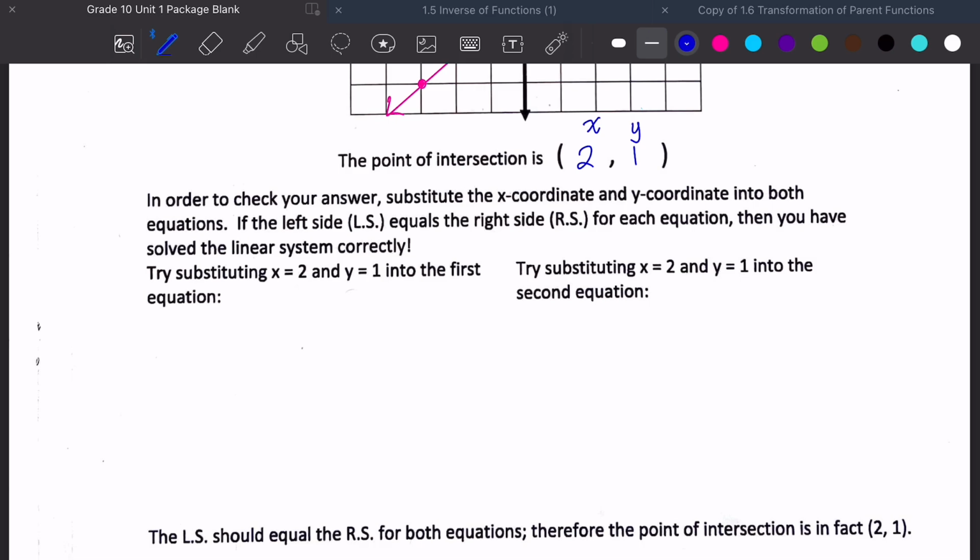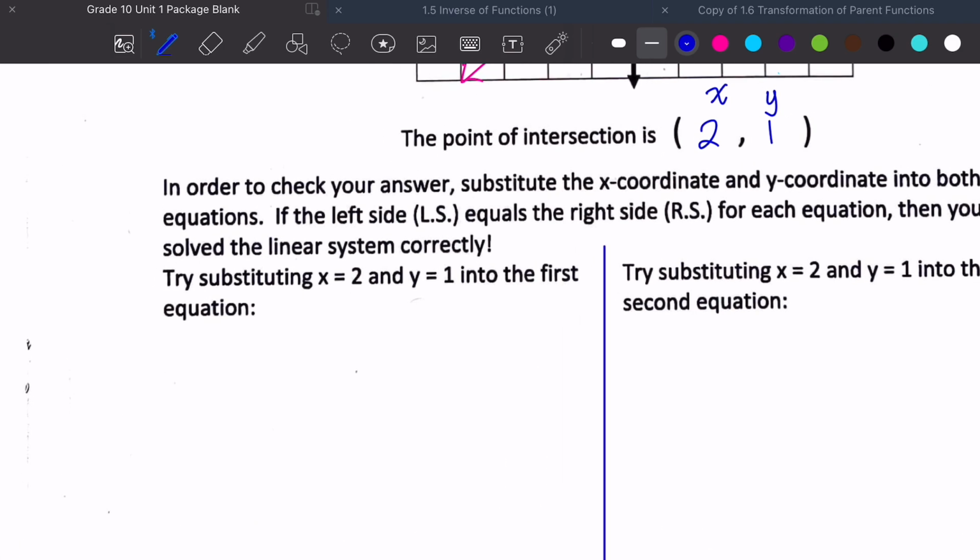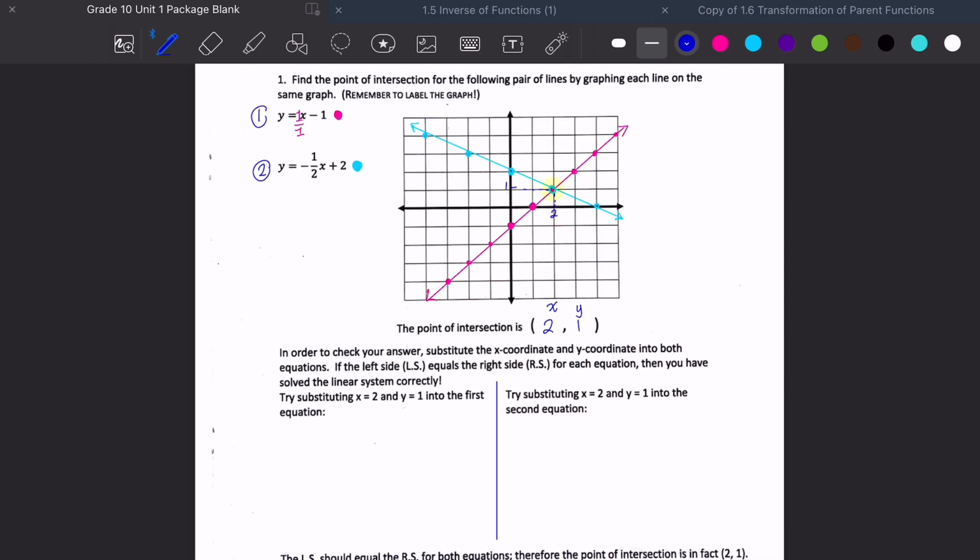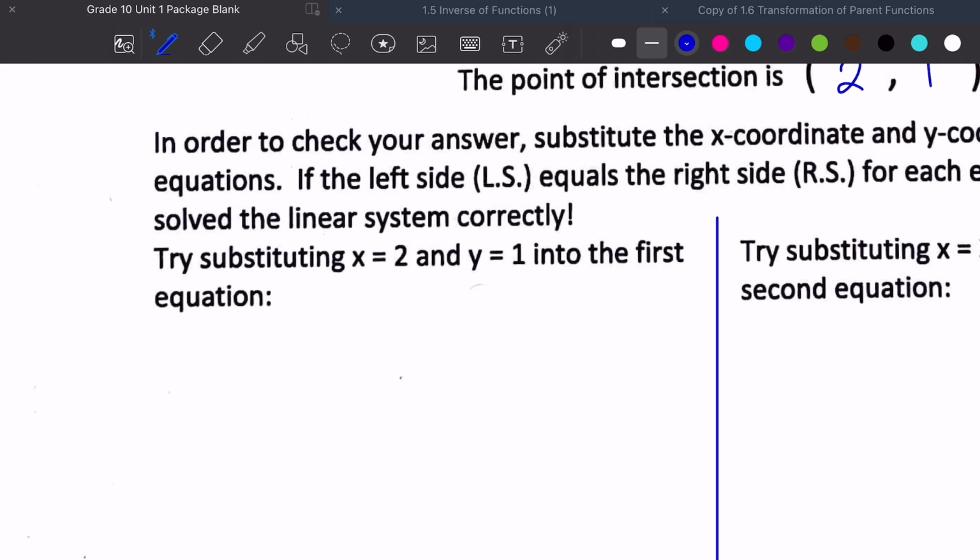So if we want to verify, is 2, 1 really the point of intersection? Are we super sure that that is the point? We're going to plug it in and see, does left side equal right side for both of our equations? I'm going to do our first one here, y equals x minus 1.